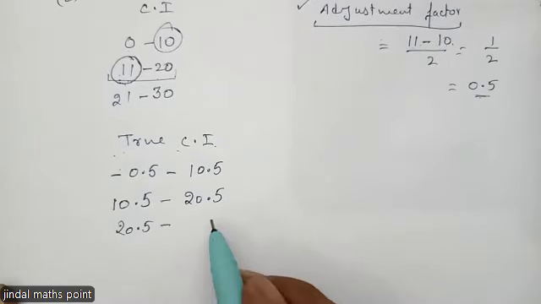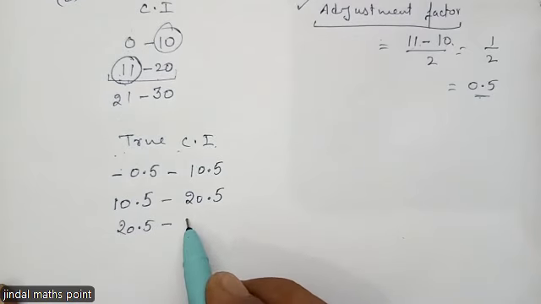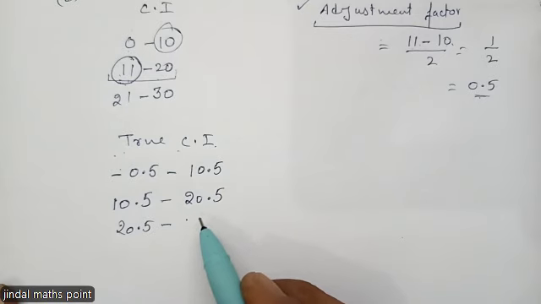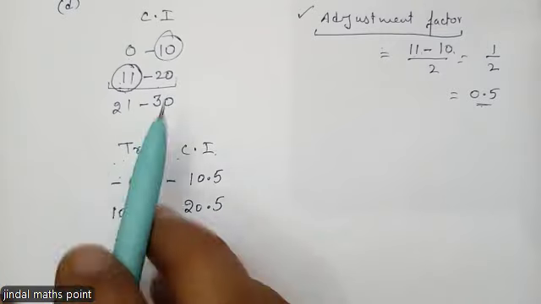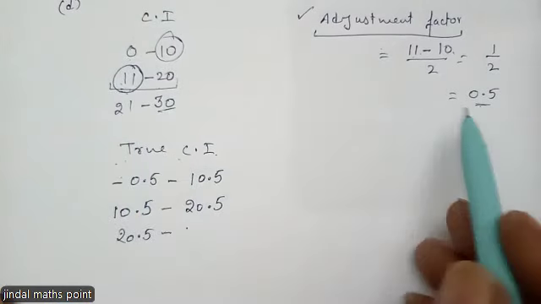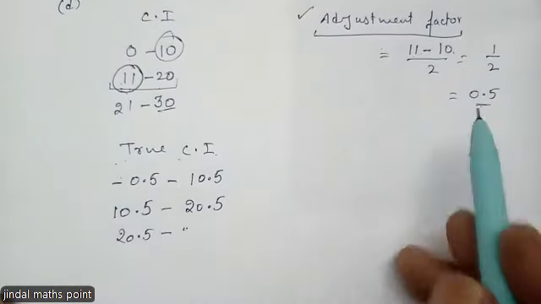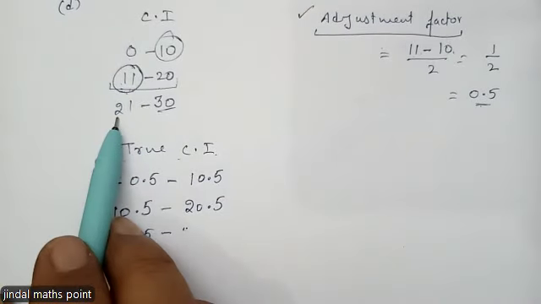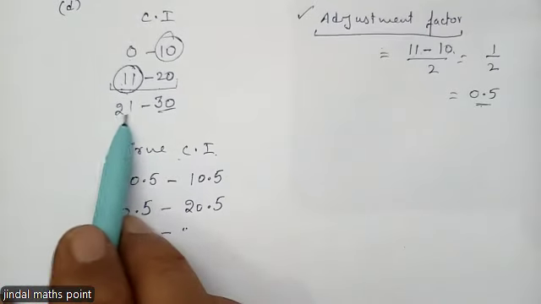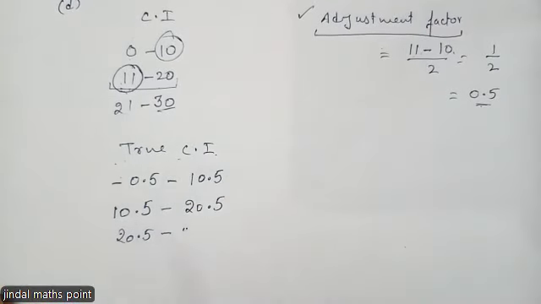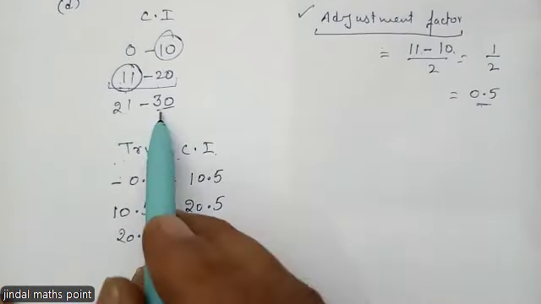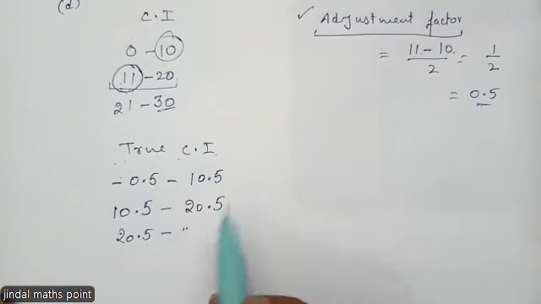Upper limit, 30. In the upper limit we add, and from the lower limit we subtract. When we subtract 0.5 from 21, we get 20.5. And when we add 0.5 to 30, we get 30.5.